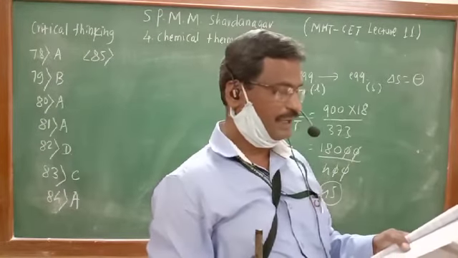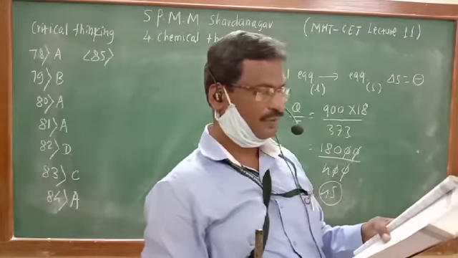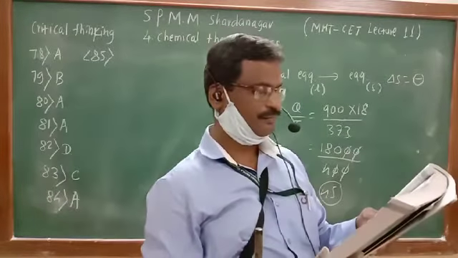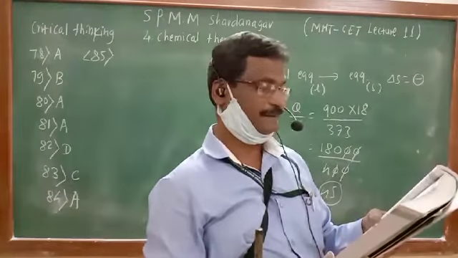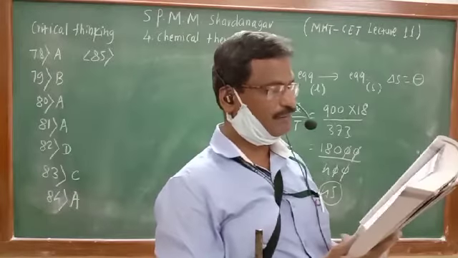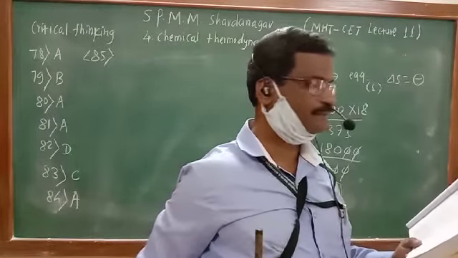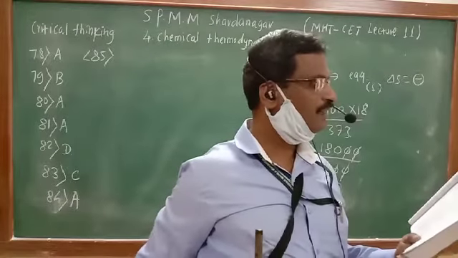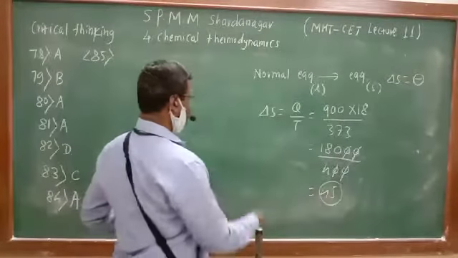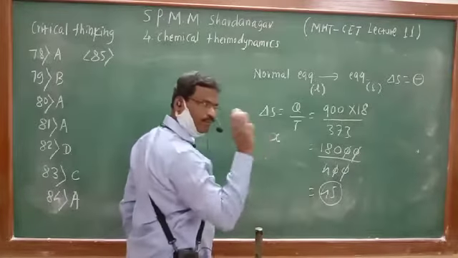If the latent heat of vaporization of water is X, then delta S is given by? See, delta S is Q upon T. X is for 1 mole.